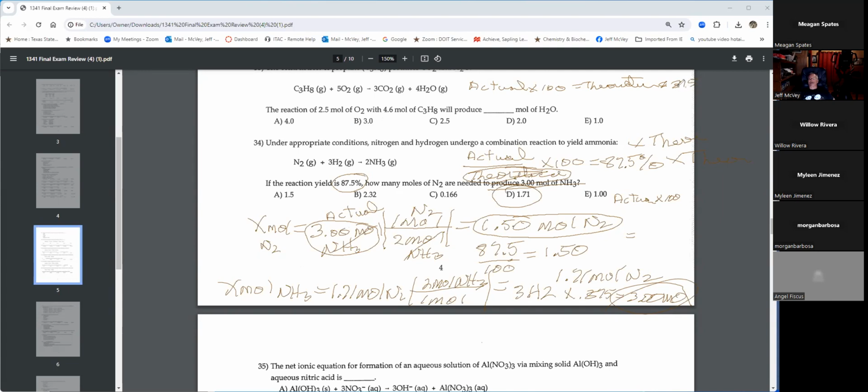And so 87.5, so if I divide the actual by the 87.5%, which is 87.5 per 100, okay? That all cancels. So what I'm actually doing is dividing the actual by 87.5 divided by 100. The actual was 3 moles. So I'm dividing by 0.875. That's where I'm getting the theoretical, which is 3.42.